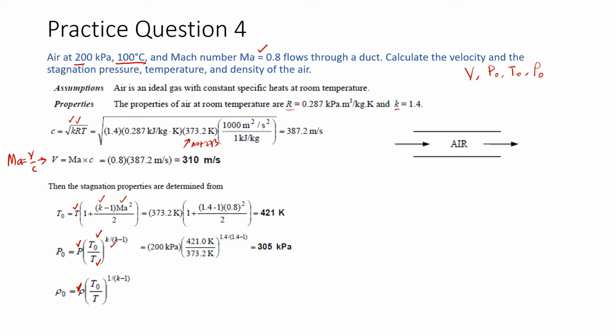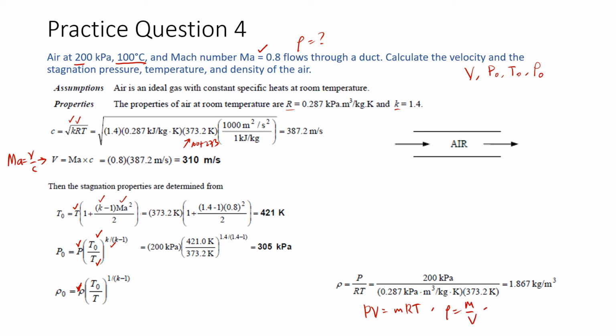So finally for stagnation density, you need the static density. What is the density of air entering through the duct? We don't have that, so you have to find that using the ideal gas equation. PV equals mRT. Density equals mass over volume, therefore P over RT.